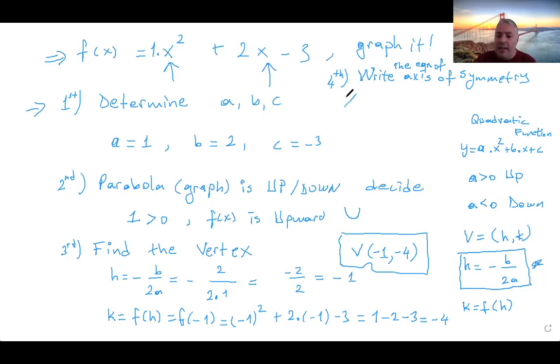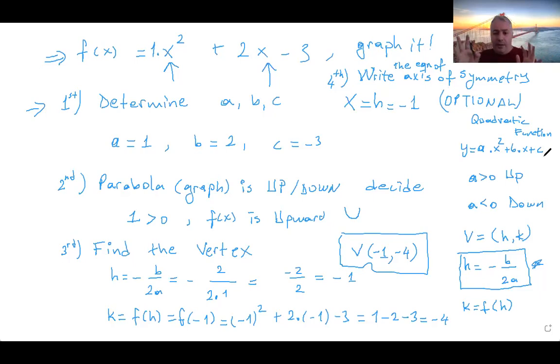So what was the equation of axis of symmetry? It is directly x equals h, the first component of our vertex, which is -1. Let me say this is optional. Why optional? Normally in the graph, we do not need to show the axis of symmetry.